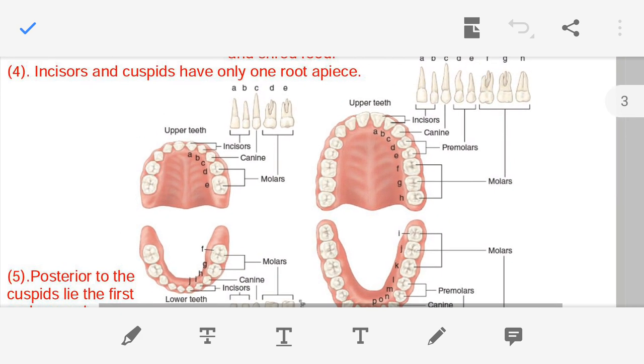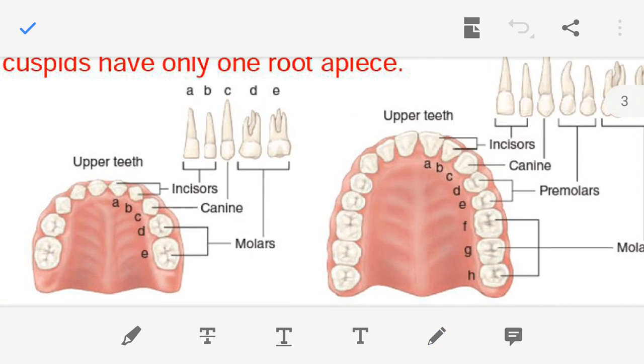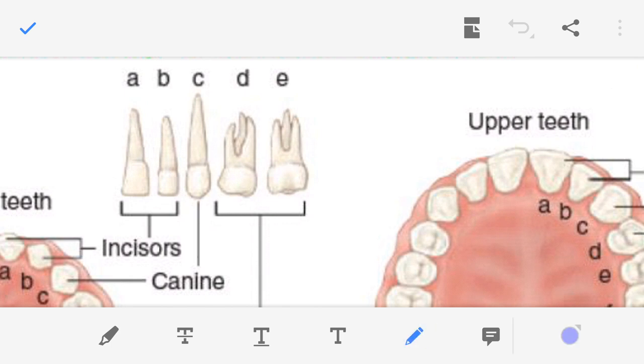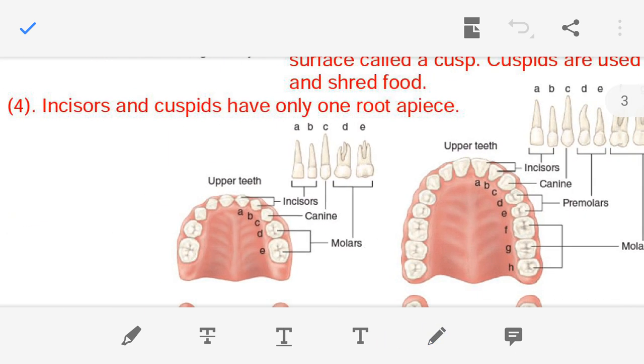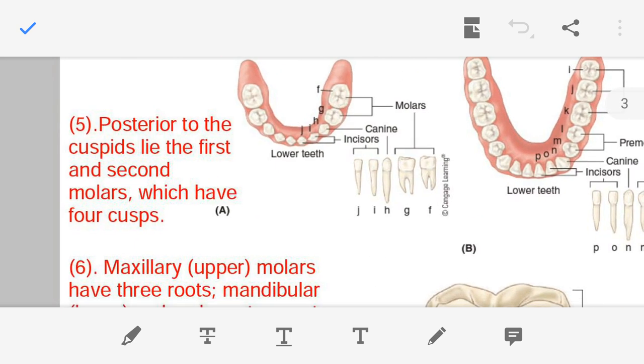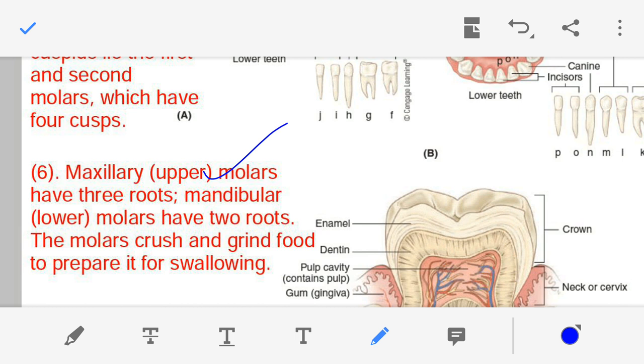In the upper teeth, these D and E are the maxillary molars, and as you can see, they have 3 roots. So remember this point, that the upper molars have 3 roots.